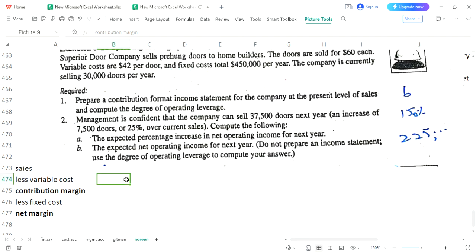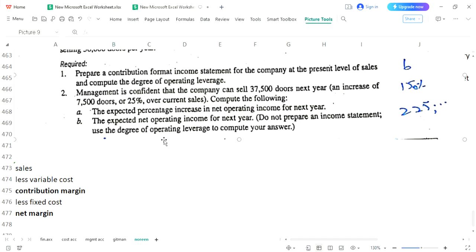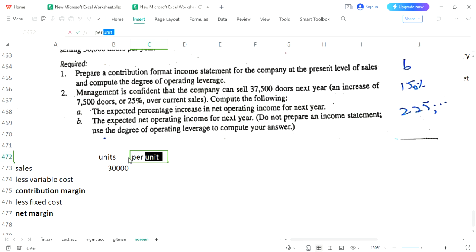Units are the very first thing to be mentioned over here: 30,000 units are sold. Per unit, and then we will calculate the total amount.